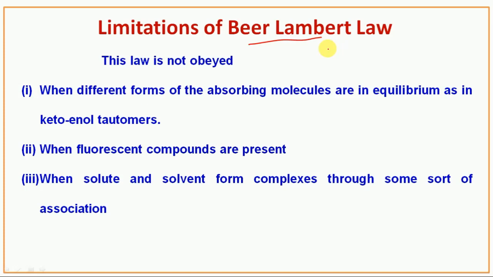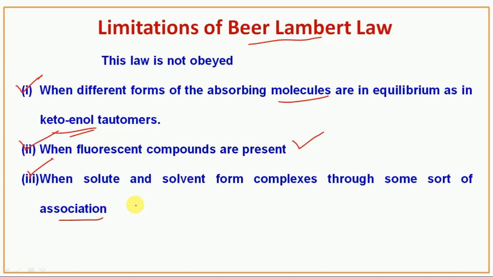First, when different forms of the absorbing molecules are in equilibrium, as in keto-enol tautomers, the Beer-Lambert law won't work. Then, when fluorescent compounds are present, it won't work. And last, when solute and solvent form complexes through some sort of association, this law won't work. So these are the 3 points of limitations of the Beer-Lambert law.